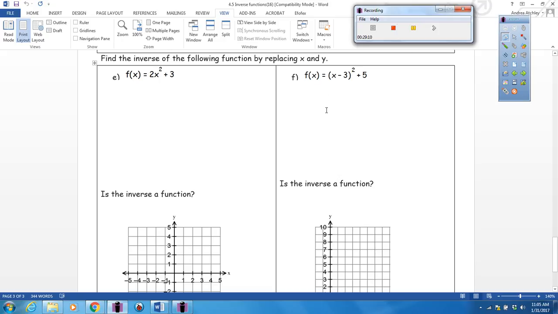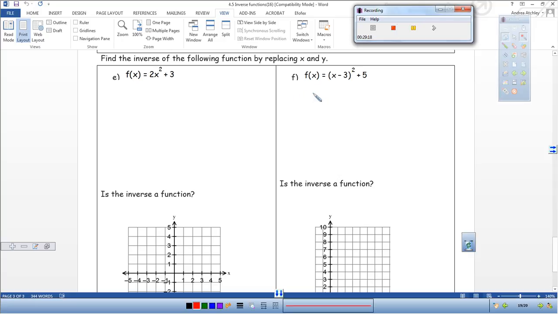Okay, next one, we'll do the same thing. We'll replace the x and y. So we have x equals the y minus the 3, the whole thing squared, plus 5.